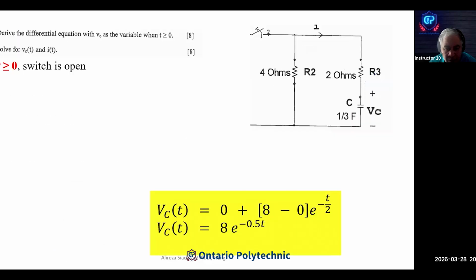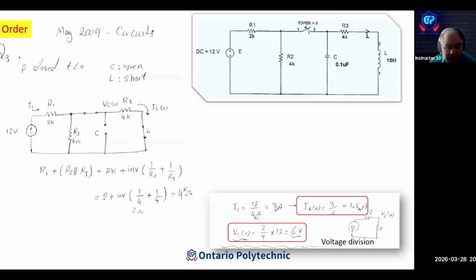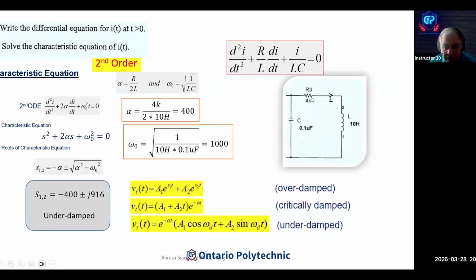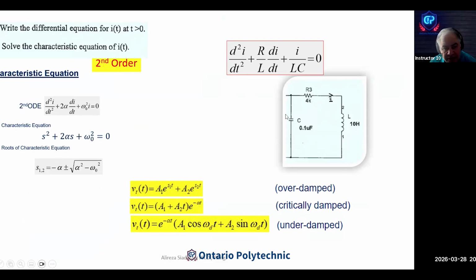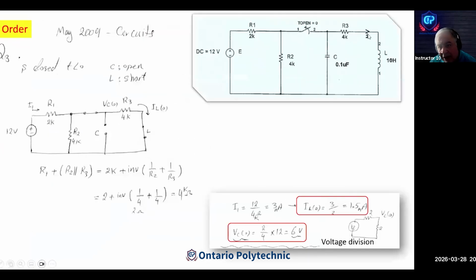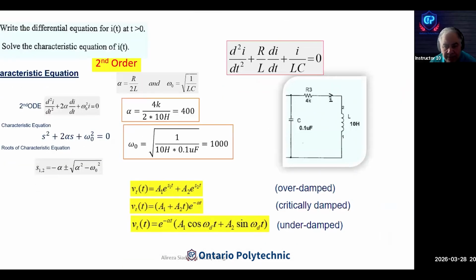If there is an RLC, for example with R here, this is very important. Here you can see an RLC series circuit, but without a source. Without a source is easy, no problem.